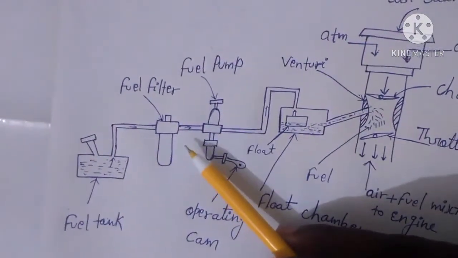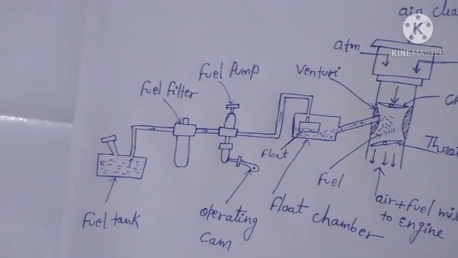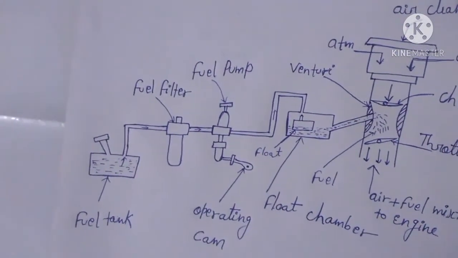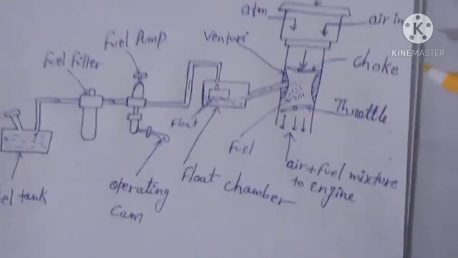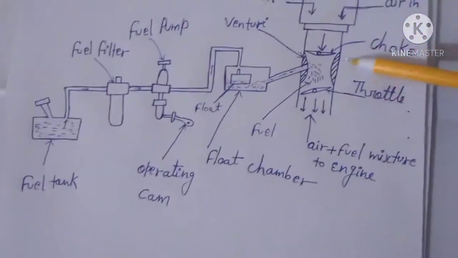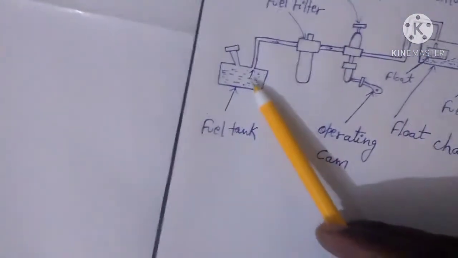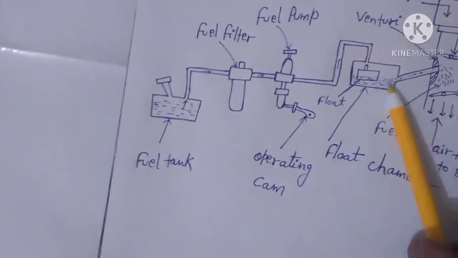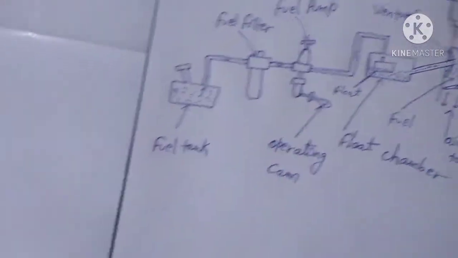Here you see the fuel filter, and the pipeline carrying the petrol from the tank to the carburetor float chamber. This portion is known as the carburetor. Here is the fuel tank, and this fuel tank is below this float chamber.